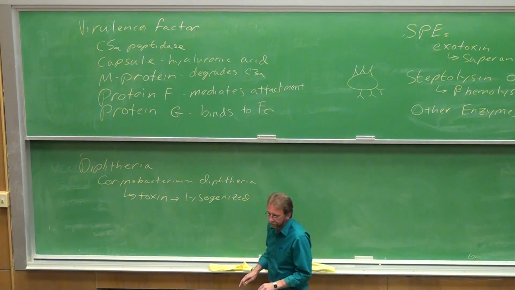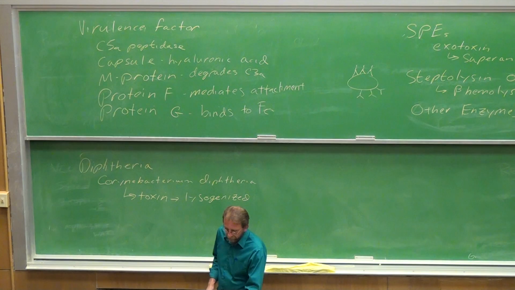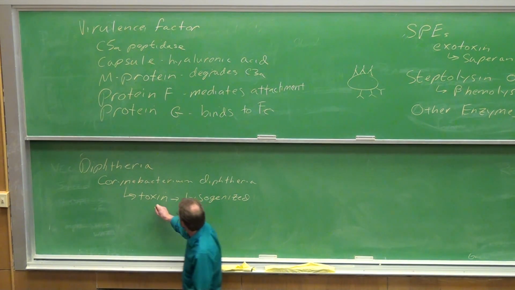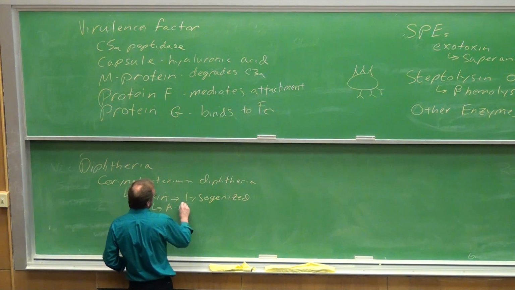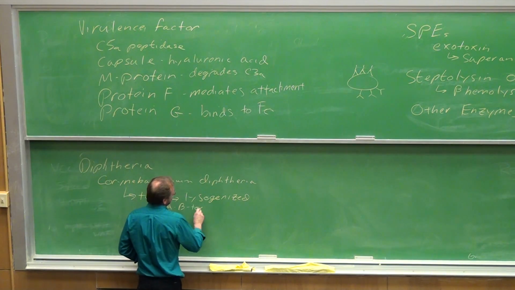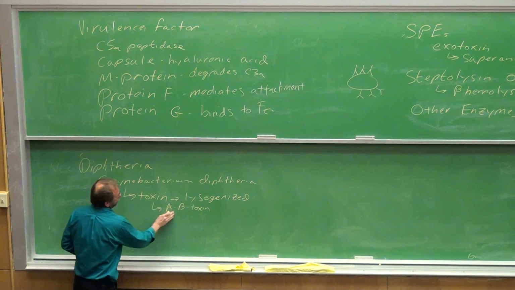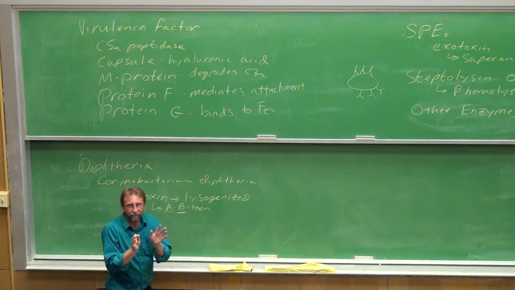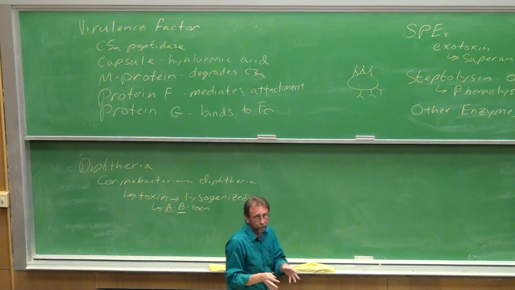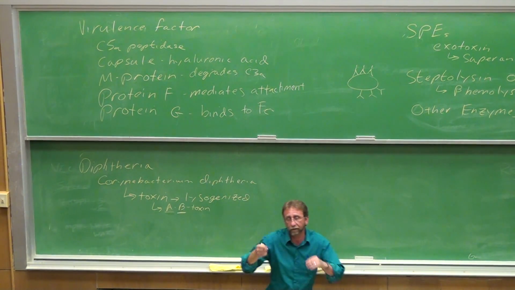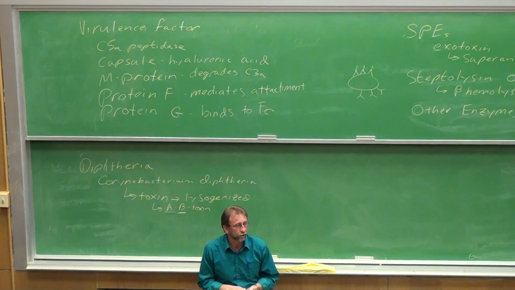The other thing about the disease here is that when the toxin goes to work, it's an AB toxin. The B part identifies specific organs, specific cells that it infects. And this is what I was referring to with specificity.